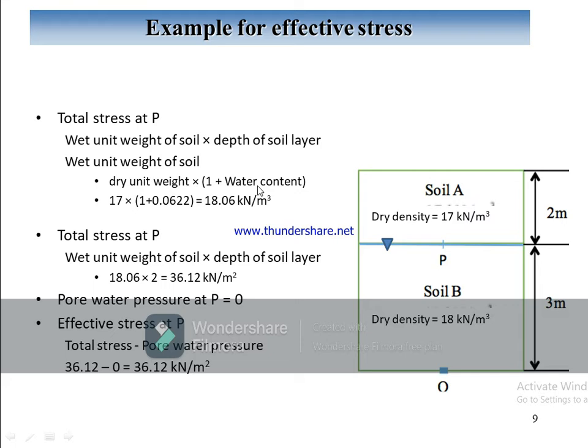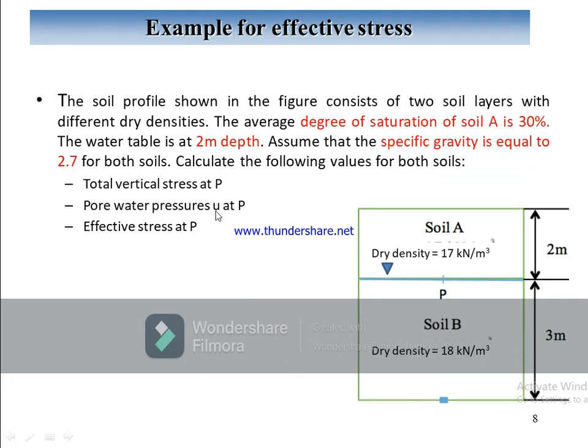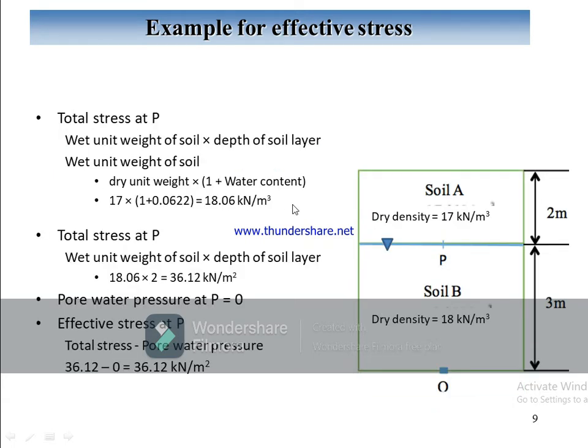The water content is, as they mentioned, 30% degree of saturation. Then we get 18.06 kN per meter cube as the unit weight of the soil.